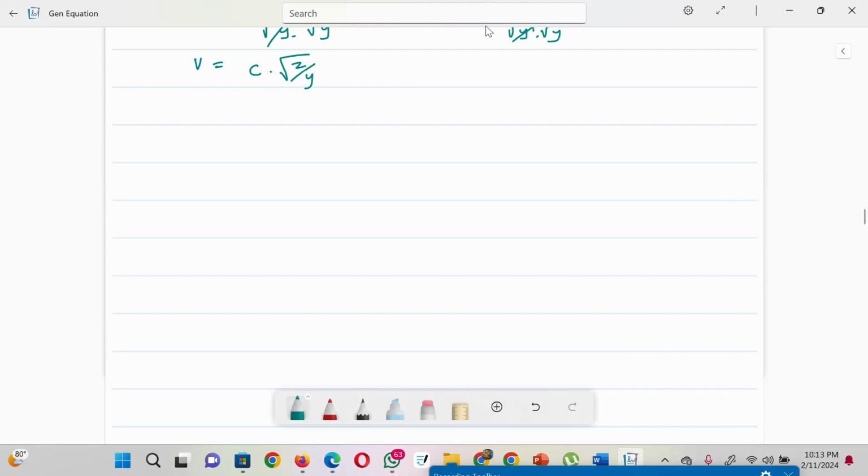In the previous equation we mentioned y by z; here it is z by y, into e power root of zy into x, plus d into root of z by y into e power root zy into x. This equation is considered as the 8th equation.